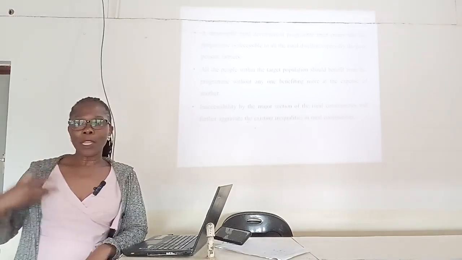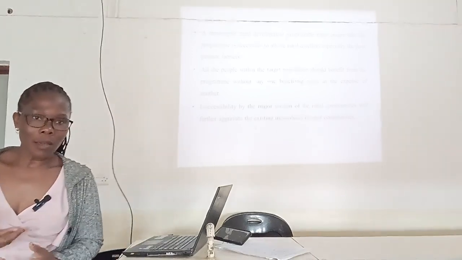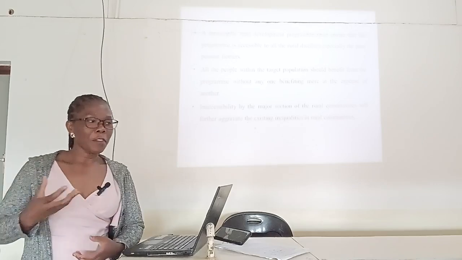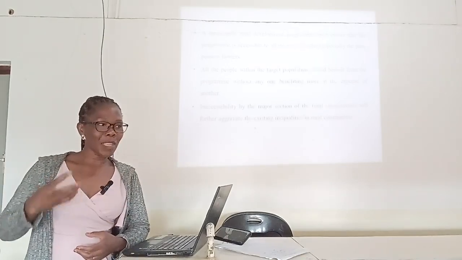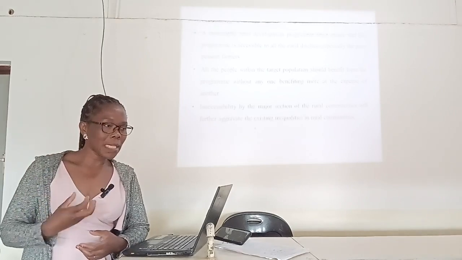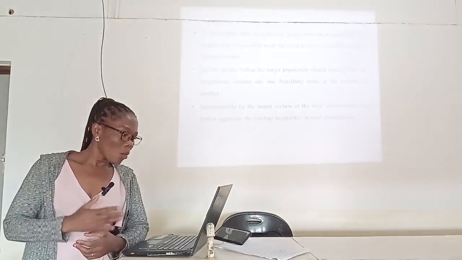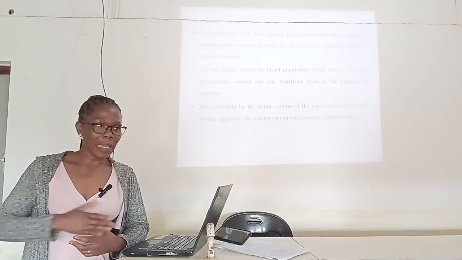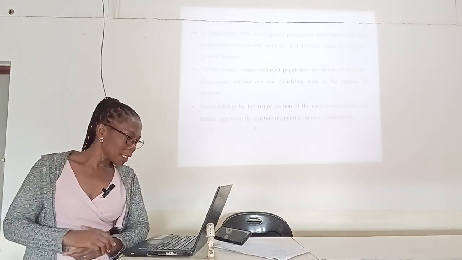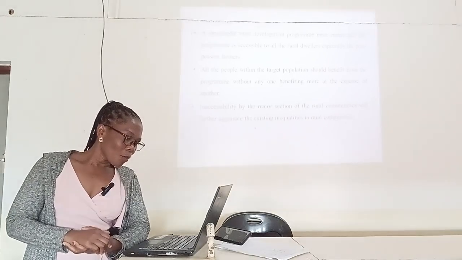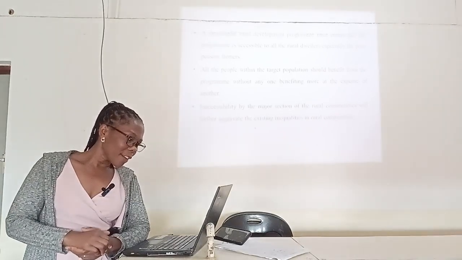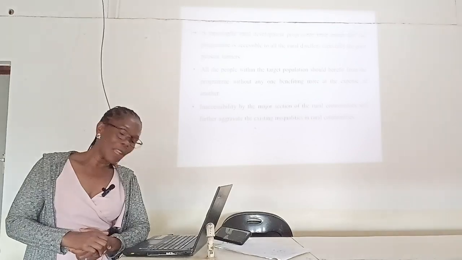So if a development activity is bringing in benefits, everyone within the community who is supposed to benefit should benefit from it equally. Not one benefiting more than the other, but equal benefits. Inaccessibility by a major section of rural communities will further aggravate the existing inequalities in rural areas.